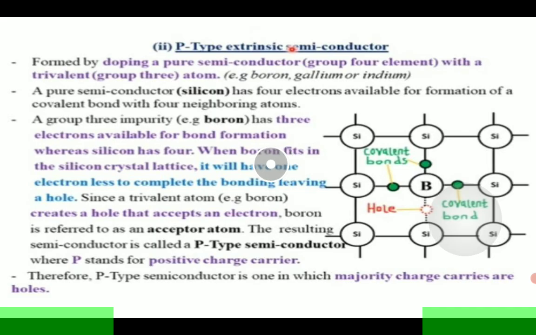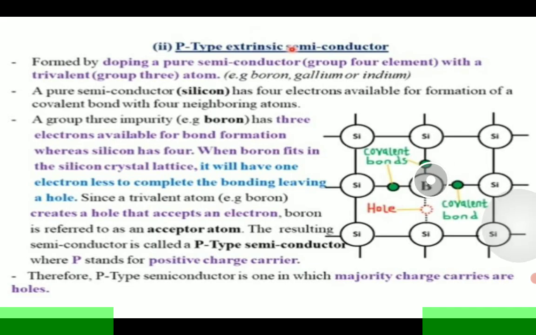When you look at group 3 elements such as boron, a group 3 impurity such as boron has only 3 electrons available for bond formation. If you look at boron, it has 1, 2, 3. These are, by the way, outermost electrons.